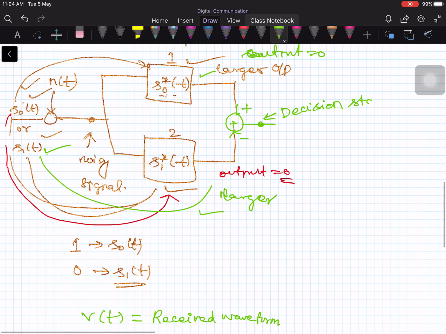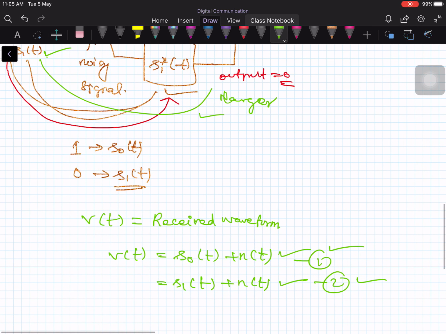If the decision statistic is larger than 0, then you declare that bit 1 was transmitted, or the signal s0 of t was transmitted. And if it is less than 0, you declare that s1 of t was transmitted, or bit 0 was transmitted. Moreover, the decision statistic has noise from each matched filter output, so it has double the noise power. We will see how the noise power is doubled.